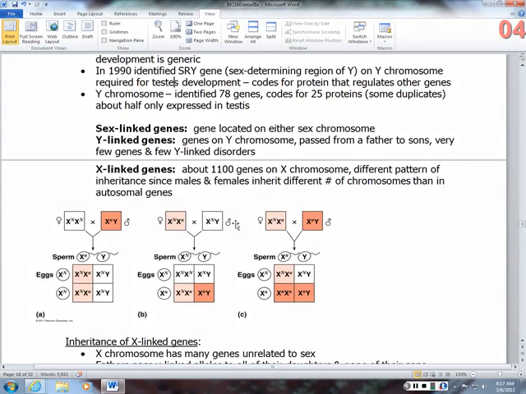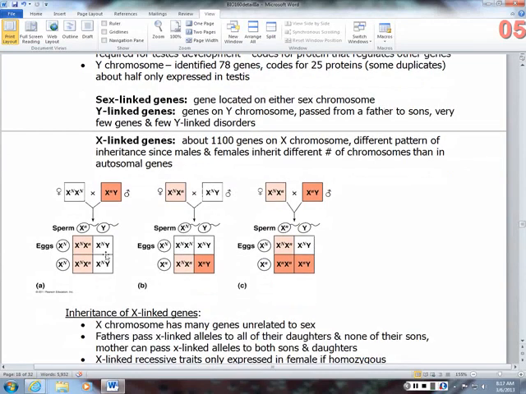On the X chromosome, you've got about 1,100 genes, and so an X-linked gene will be present on there. Since males and females are going to have a different pattern of inheritance, there's a different number of chromosomes than the autosomal genes. So the way they will show this is that if you've got a parent, male is XY, female is XX.